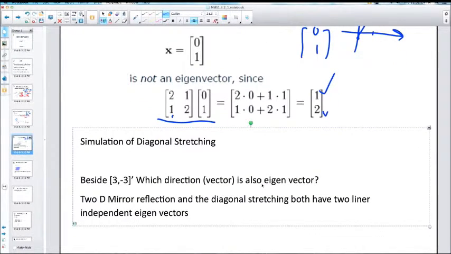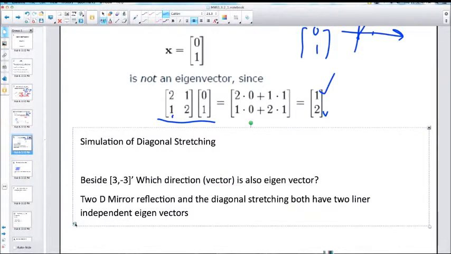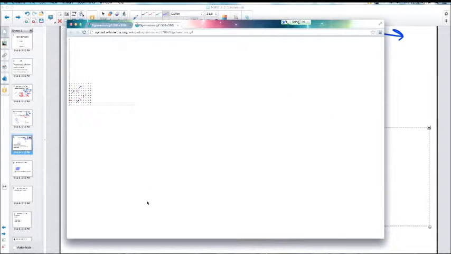I don't know if you look at this simulation carefully. Can you name another vector does not change direction? In other words, the other eigenvector. What is it? If you pay the attention. Now, think about this question, then we observe it one more time, and you should get the answer.